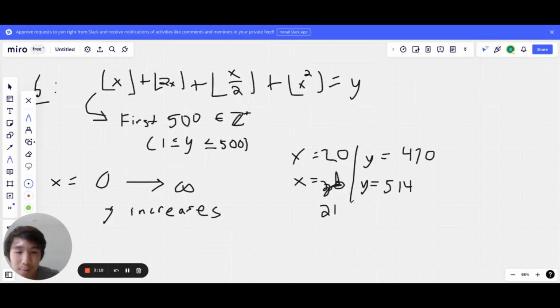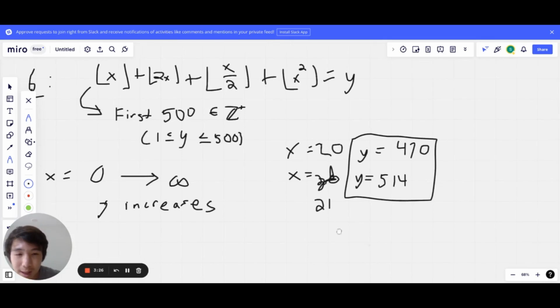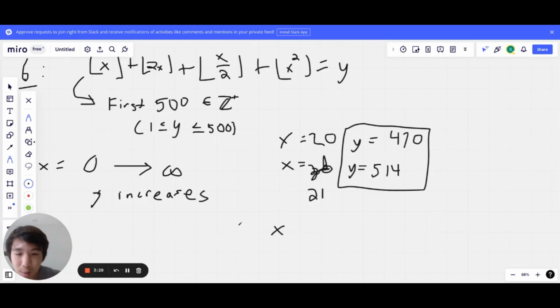Since 500 is closer to 514 than it is to 470, we can reasonably, intuitively say that x is between 20.5 and 21. And especially since, if this is root 400 and this is root 441, the square of 20.5 is closer to 400 than it is to 441. And that's just more intuition.